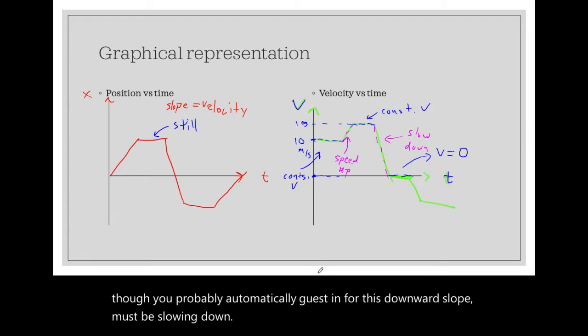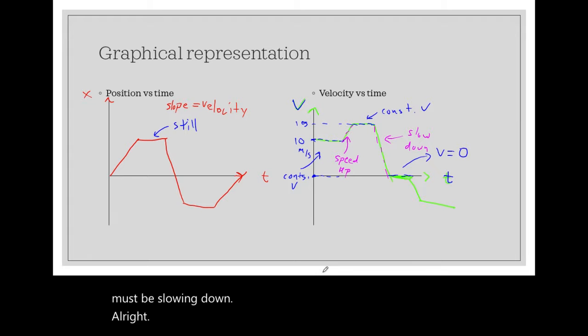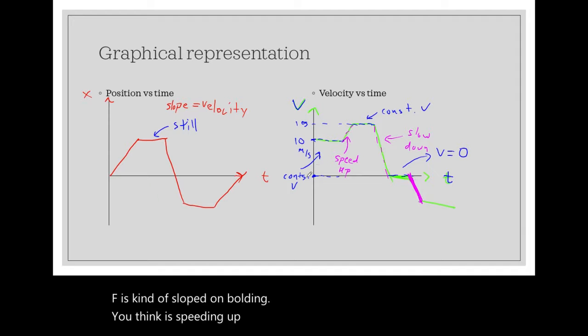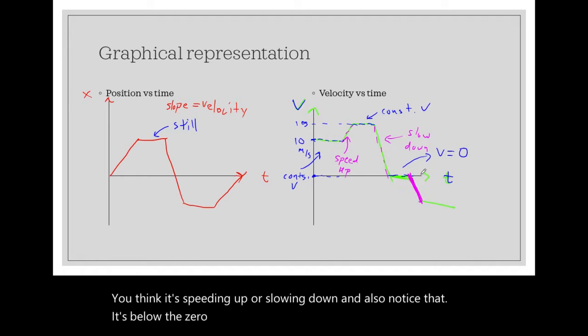All right. Now here's kind of a trick question. Do you think he's slowing down or speeding up here, at this slope that I'm bolding? Also notice that it's below the zero, so it's a negative velocity there.